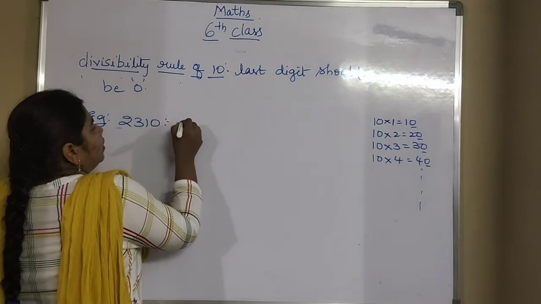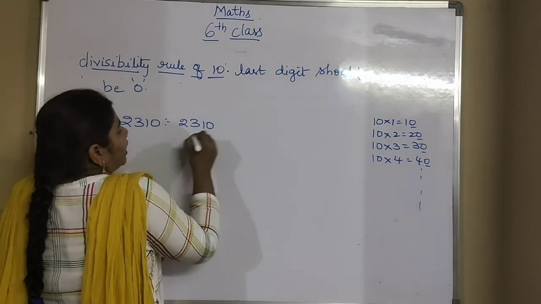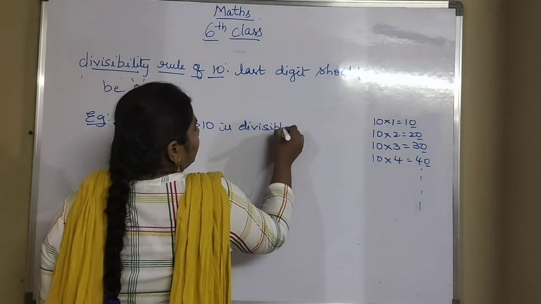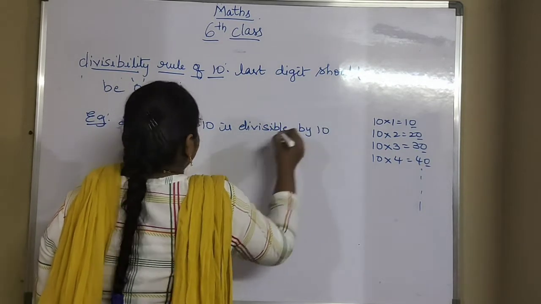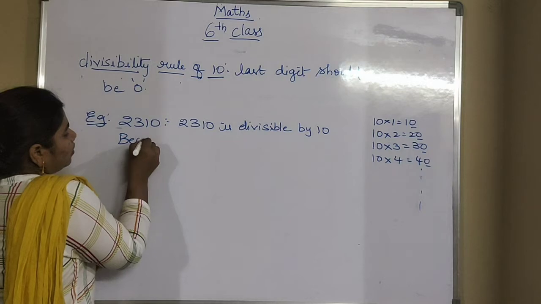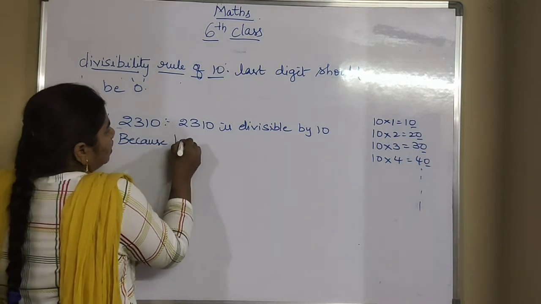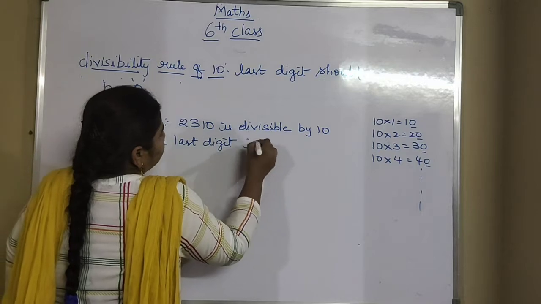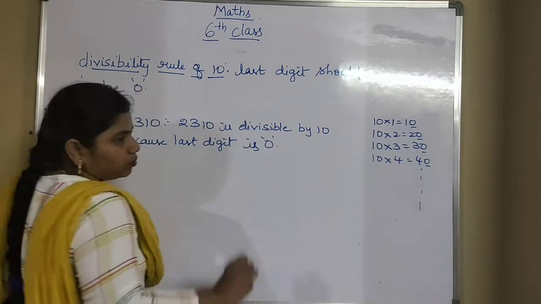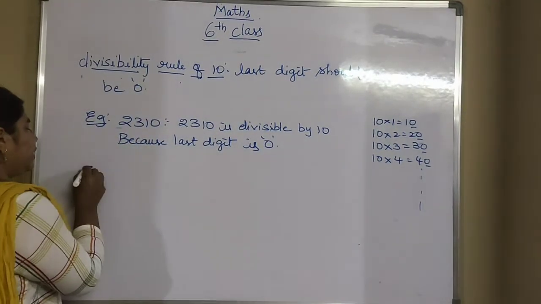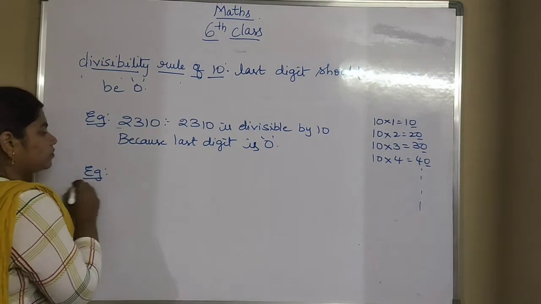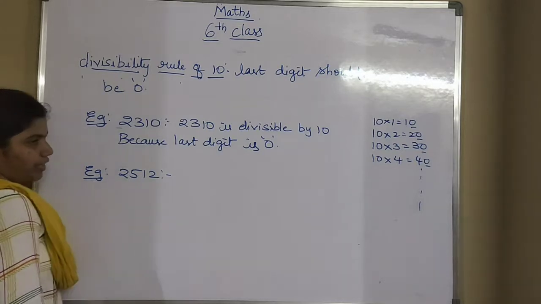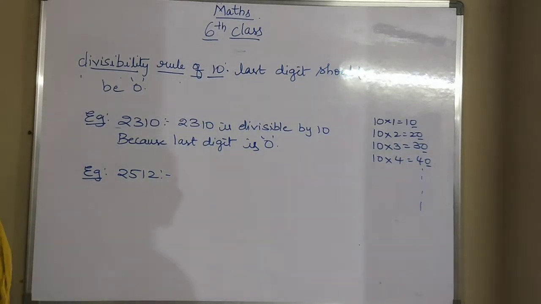So 2310 is divisible by 10 because the last digit is 0. Now one more example we will take. So what I have taken? 2512.